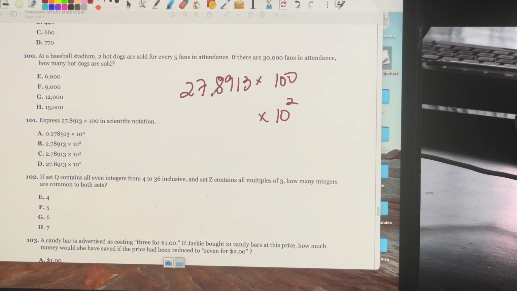Now, if I move the decimal 1 over, that becomes 2.78913.